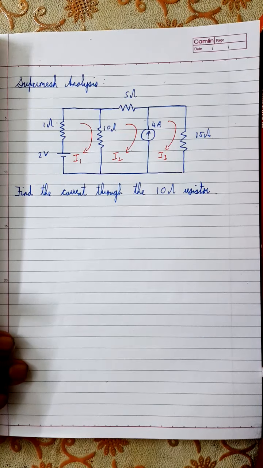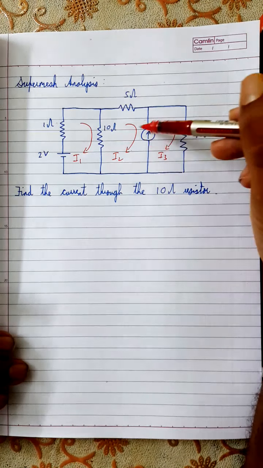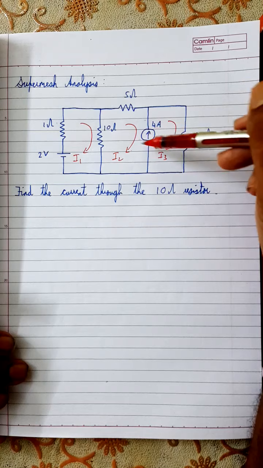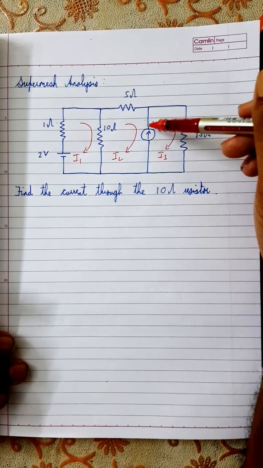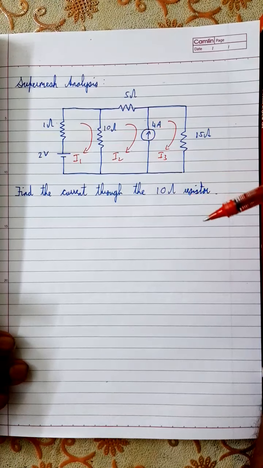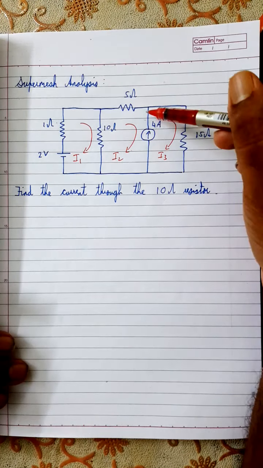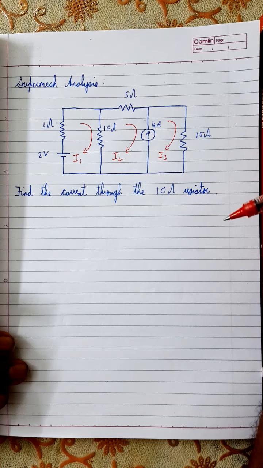I don't know. Because to know the voltage across this current source, you need to know its internal resistance, or they have to show you the potential drop across this current source. But in this question, nothing like that is shown, just a current source between two meshes.